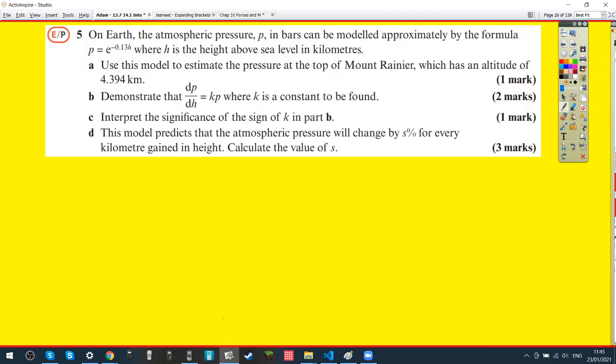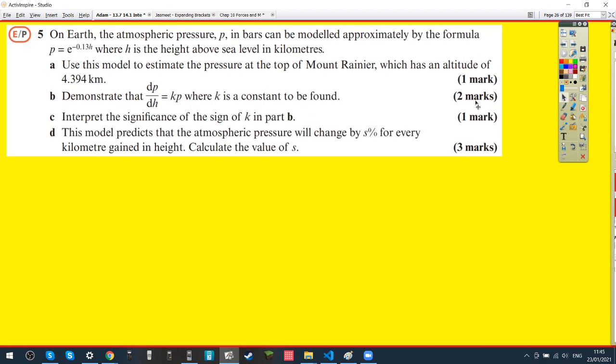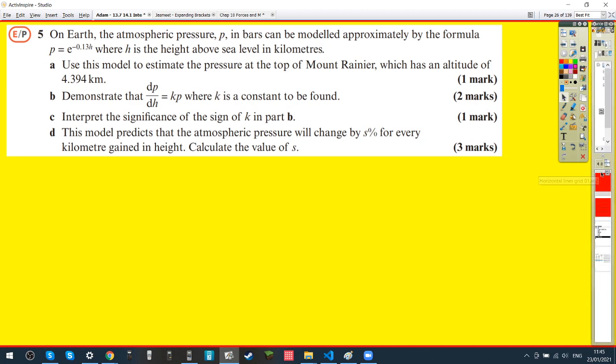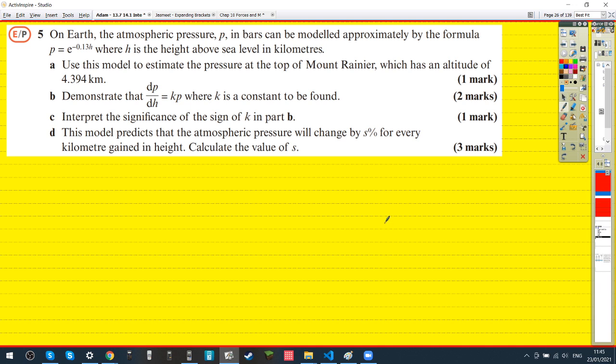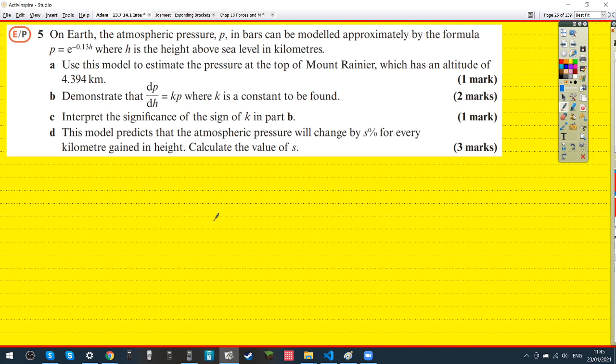Find the value. Alright, great. Earth pressure is this. How would you do A? You substitute 4.394 into h. That's fine. Let's try B. So would you work out the derivative of e first?